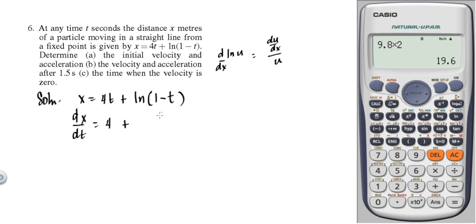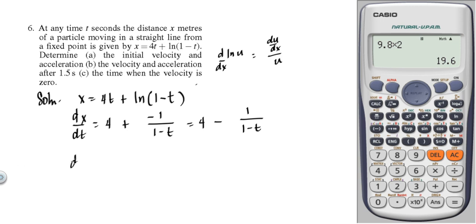So, what is the derivative of ln of 1 minus t? The derivative of u, which is 1 minus t, is minus 1. So, we have minus 1 over u, where u is 1 minus t. That was easy. Let's rewrite: this one is 4 minus 1 over 1 minus t.